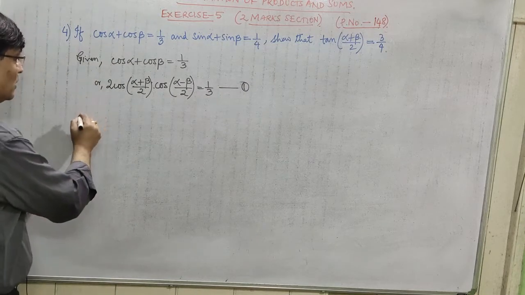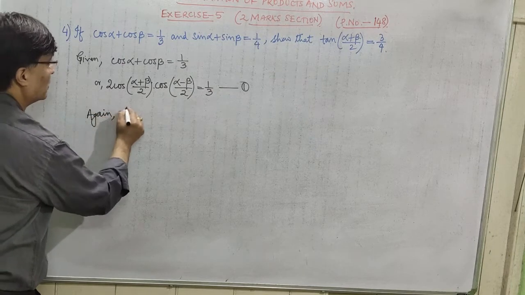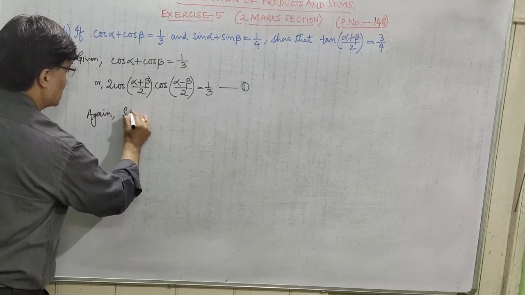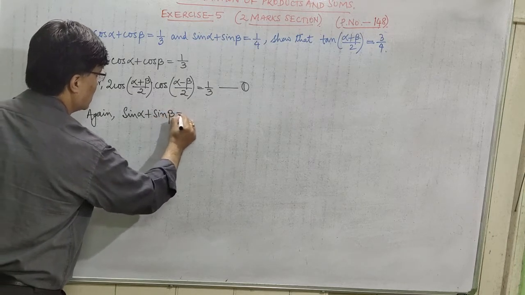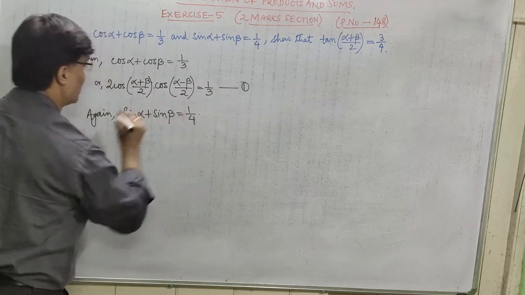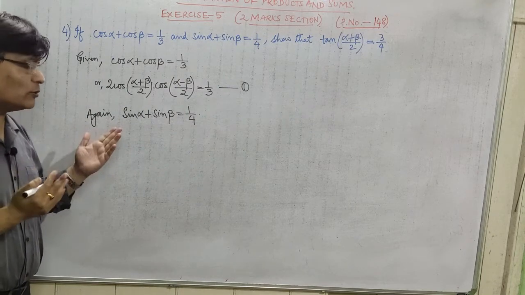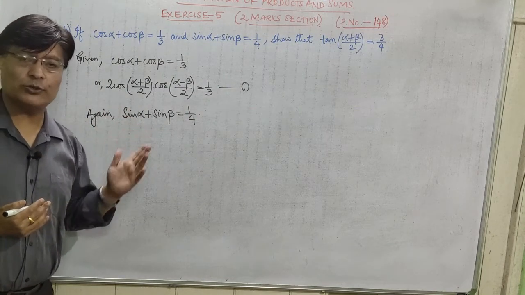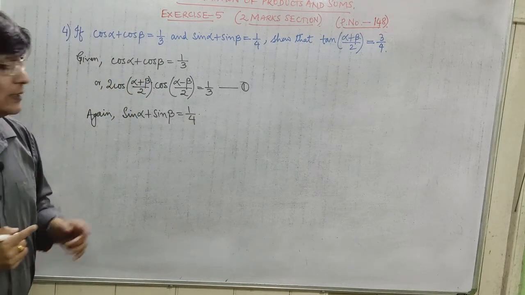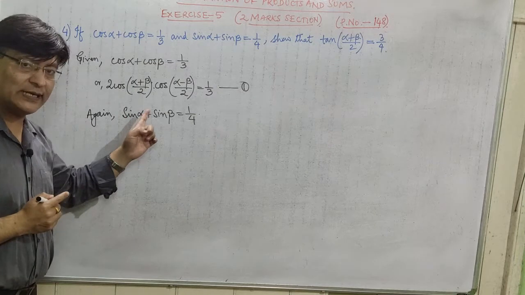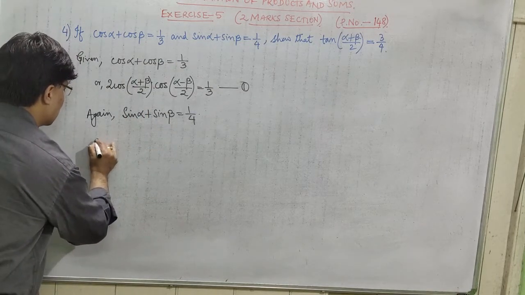Okay. Again, what is the second given? Your second given is sin alpha plus sin beta is equal to 1 upon 4. Right? Now, what will you do here? In this case also you can use the formula sin C plus sin D. Let us take this alpha as C and beta as D. So what is sin C plus sin D in this case?